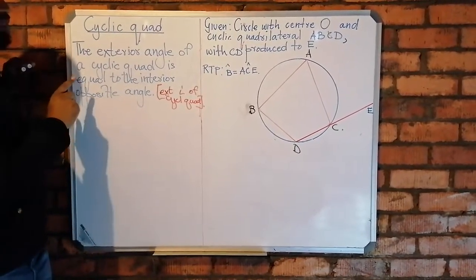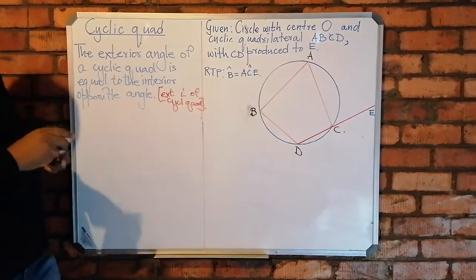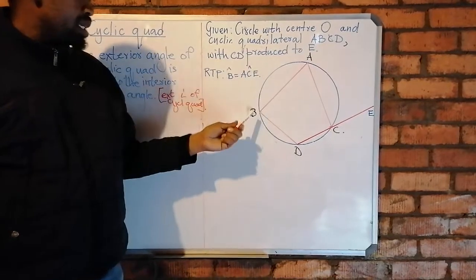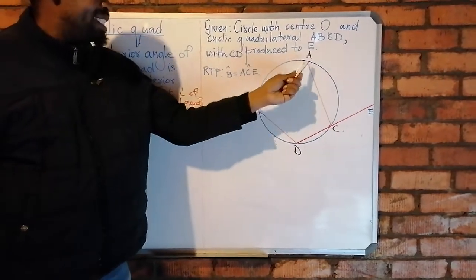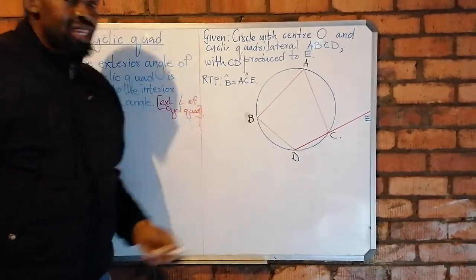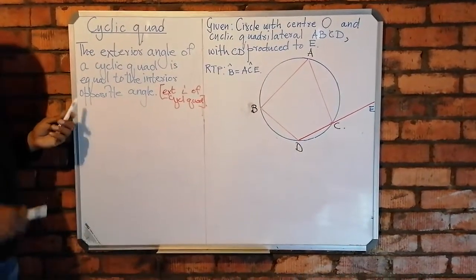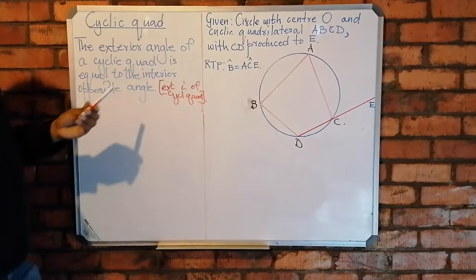Now, remember that for it to be a cyclic quad, all vertices must be on the circumference of a circle. How are you going to prove this theorem?